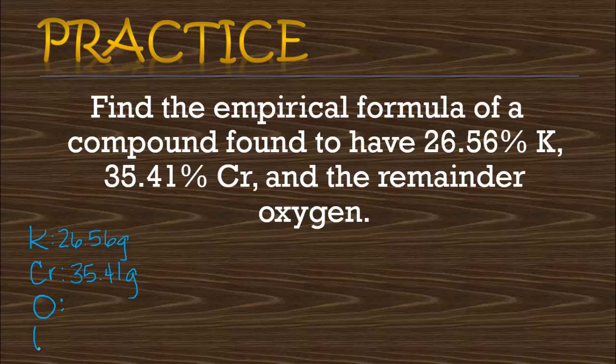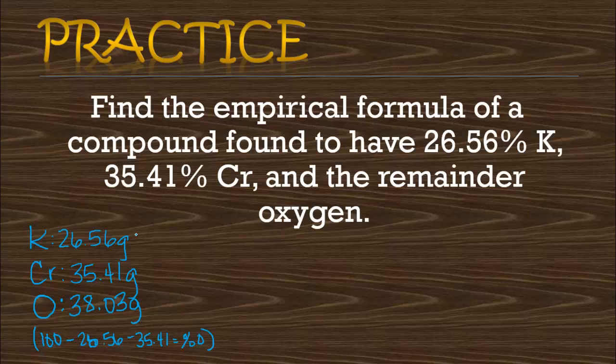So we know if we take 100 minus 26.56 minus 35.41, whatever is left over is our percent oxygen. And our percent oxygen comes out to be 38.03%, which means 38.03 grams.